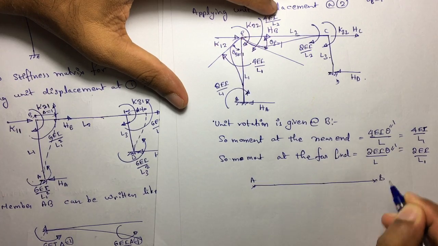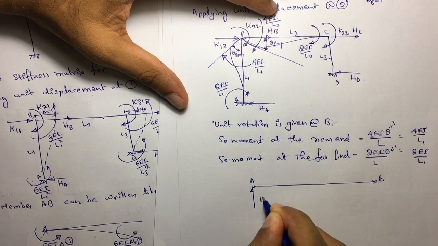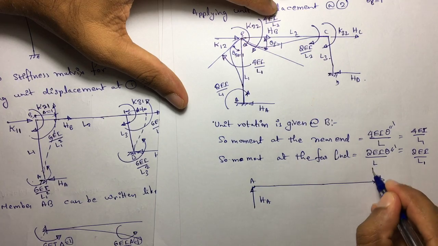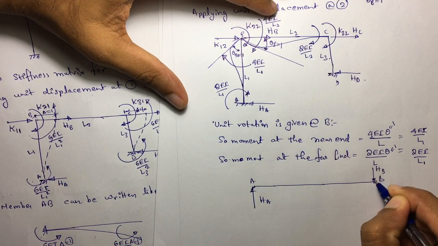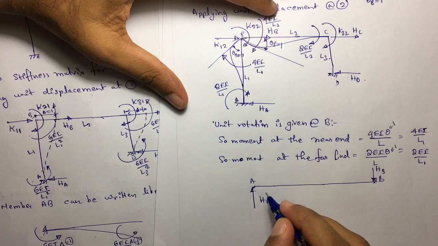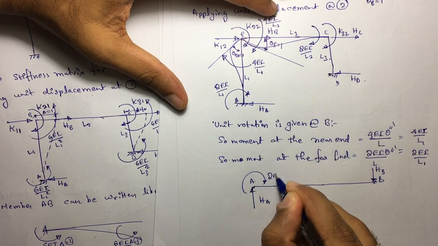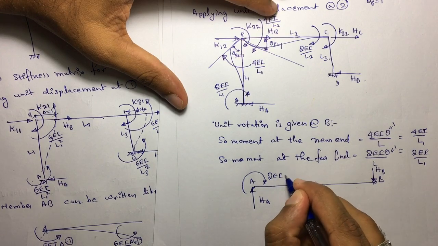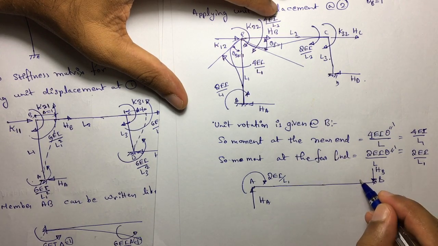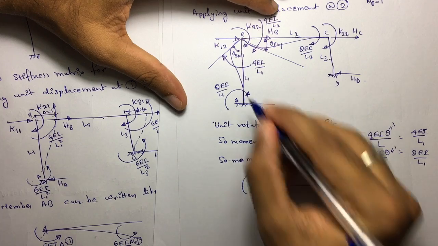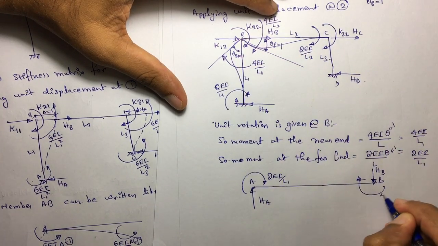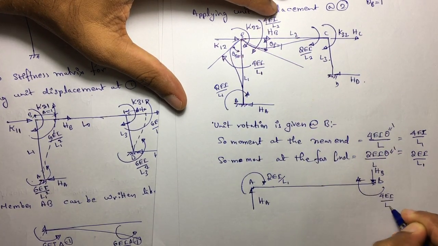this is HA, HB is acting like this. So here a clockwise moment is acting, that is 2EI divided by L1. Here also a clockwise moment is acting, this is 4EI divided by L1.